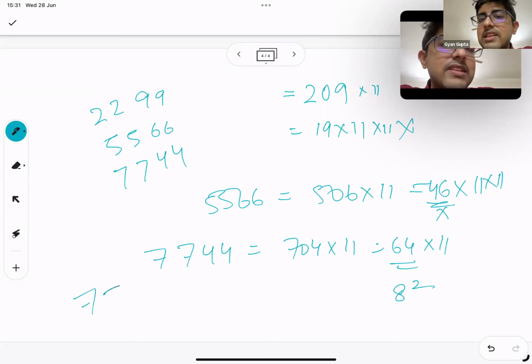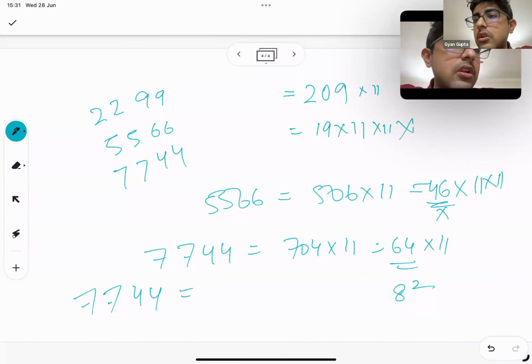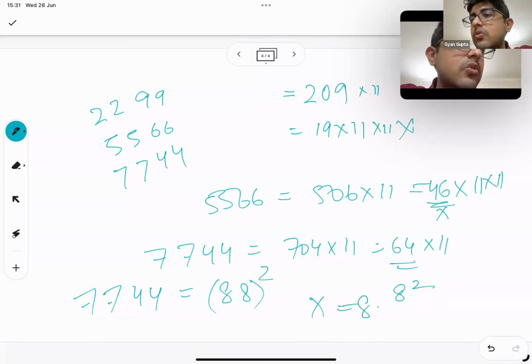So 7744 is your answer, which is equal to 88 whole square, and X is equal to 88.